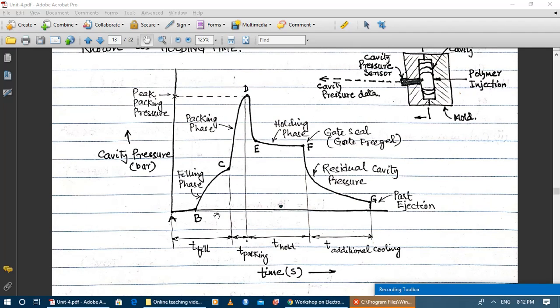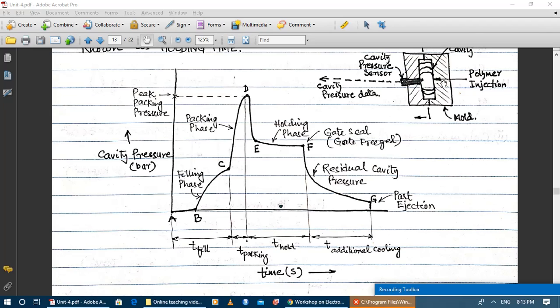Initially, from position A to B, you can see that for this much period of time there is hardly any increase in the pressure, because at this particular stage the polymer melt has not reached the tip of my sensor. It is still flowing near the injection point.